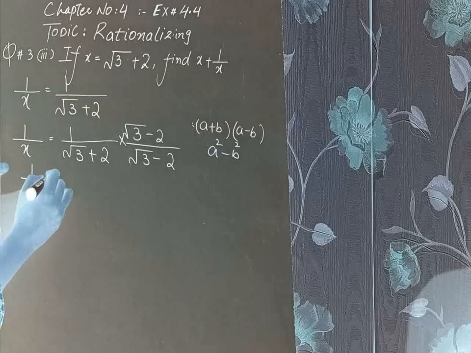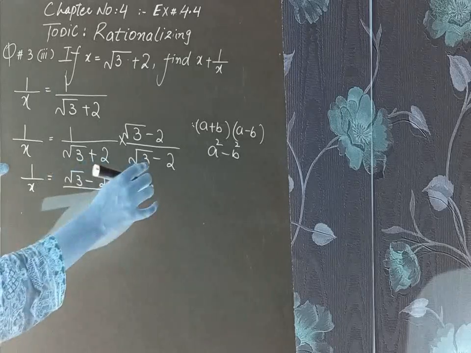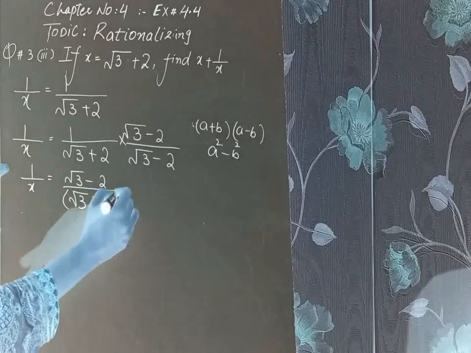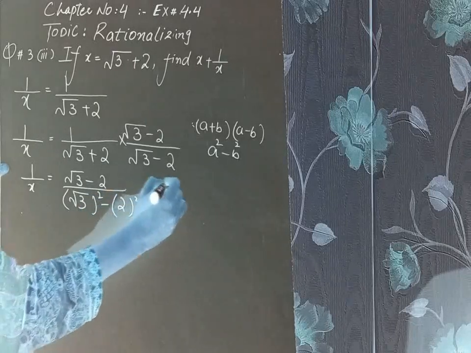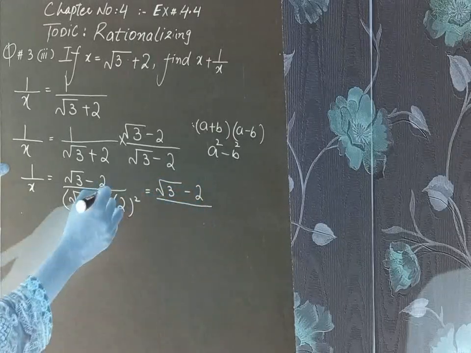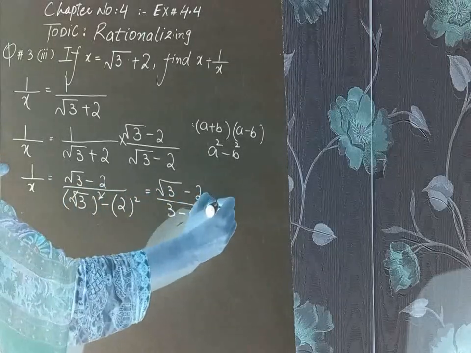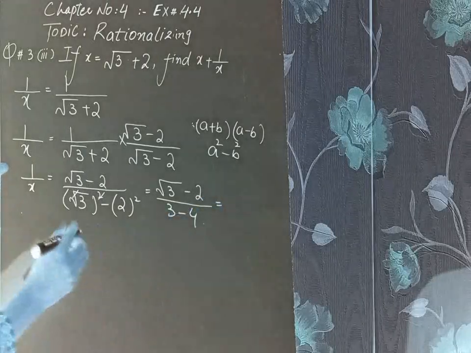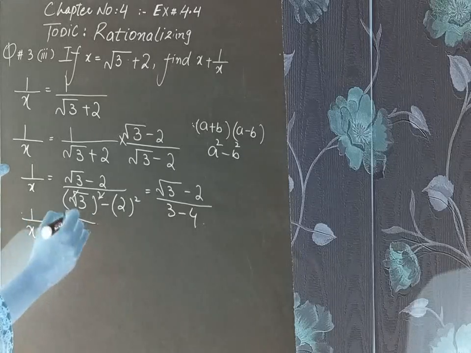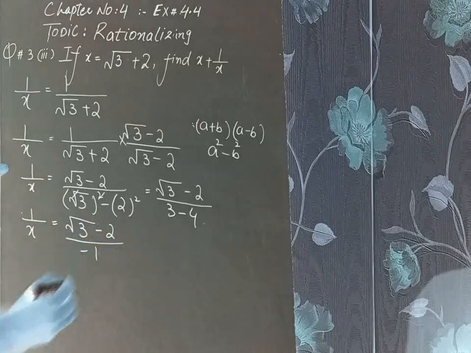So 1 over x is equal to under root 3 minus 2, divided by, we take the square of under root 3 minus 2 squared, as a squared minus b squared. So under root 3 minus 2 over, this is cancelled, there is 3 and the square of 2 is 4. Now the value of 1 over x is equal to under root 3 minus 2 over minus 1.